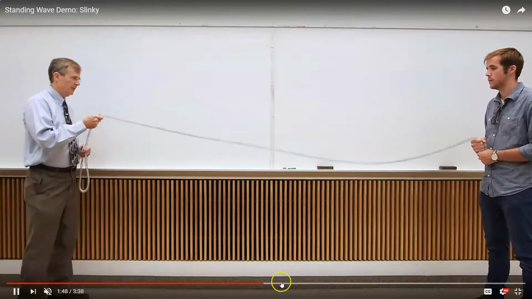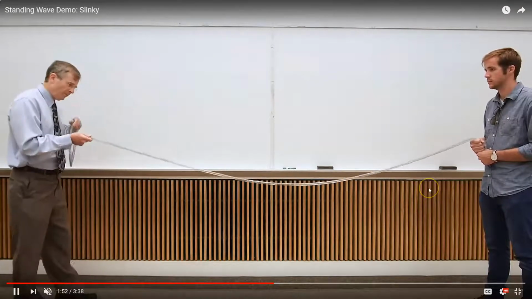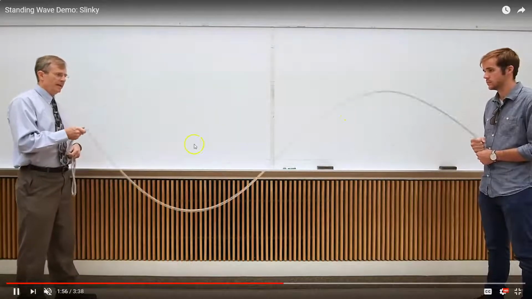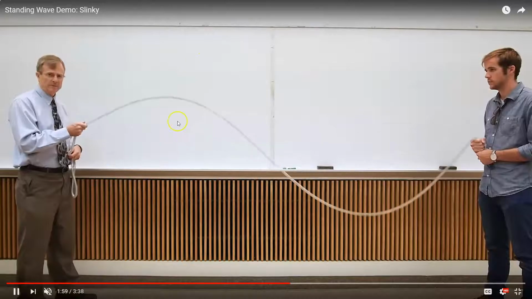Now, what he's going to do next is increase the frequency of his source oscillation. And look at this. It's really cool whenever I pause it because it can be paused in lots of different areas. But what we have here is almost like two different loops.